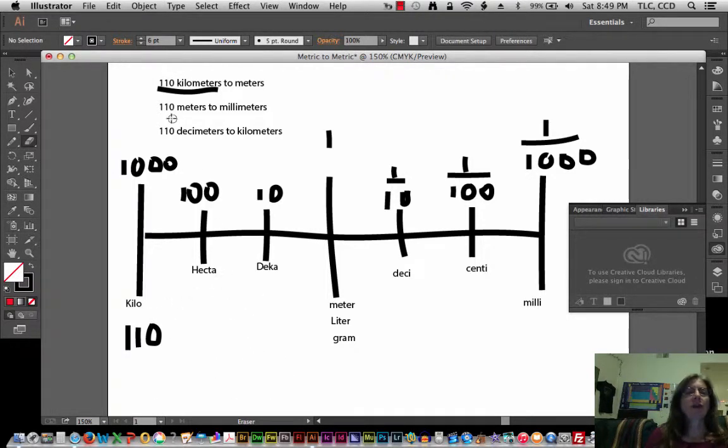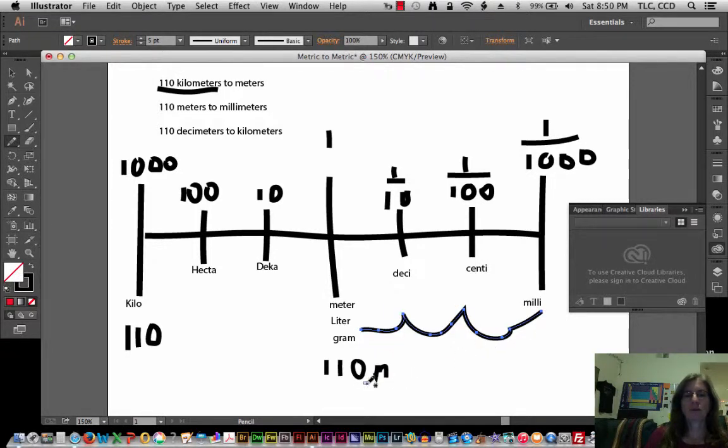Okay, now let's look at if we start with 110 meters, and we're going to go to millimeters. Let's have 110 meters. And now we're going to go to millimeters. So we count, starting in the middle, 1, 2, 3. So we move the decimal over 3 places.